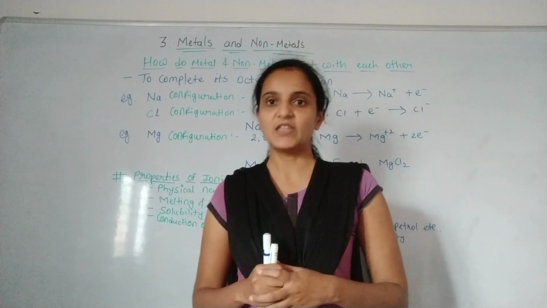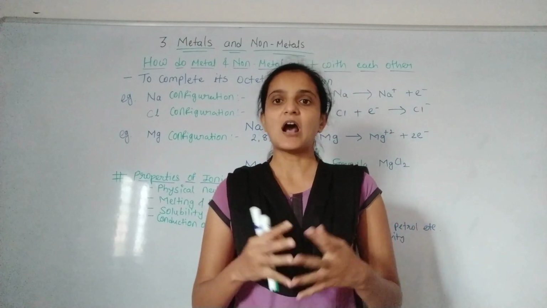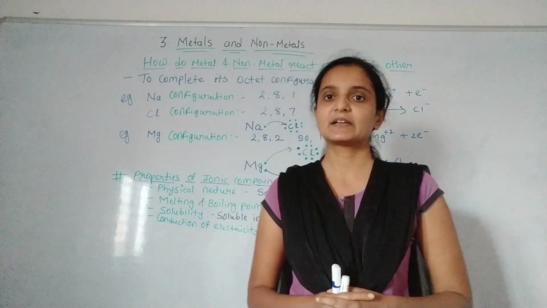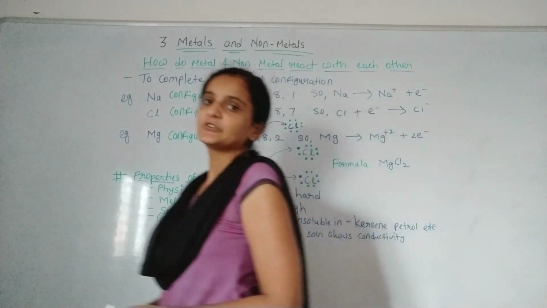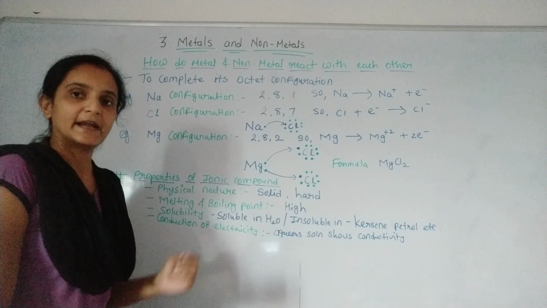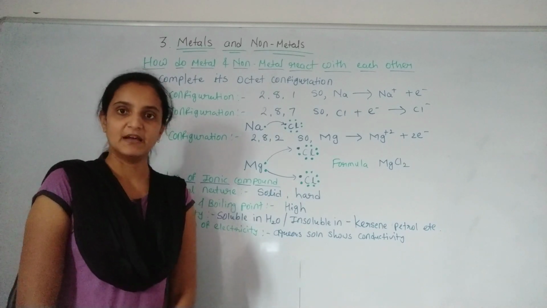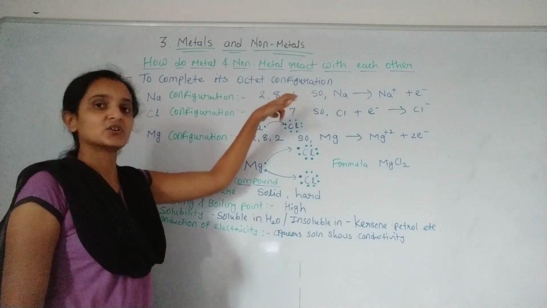On the basis of valence electrons, here we are going to see how metals and non-metals react with each other. So first of all, we are going to take the example of sodium. As you all know, the atomic number of sodium is 11, so its configuration is 2, 8, 1.